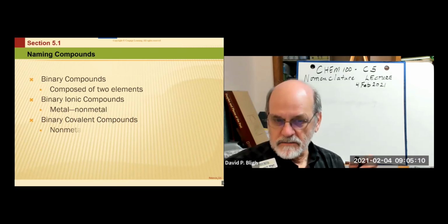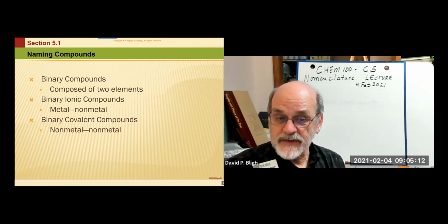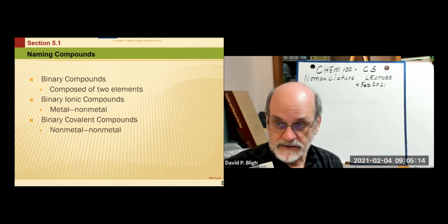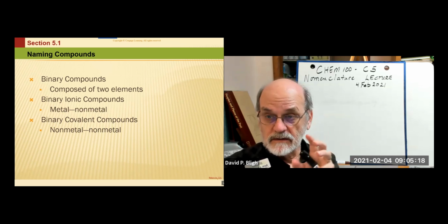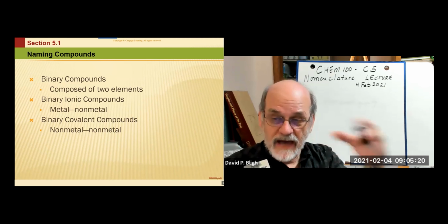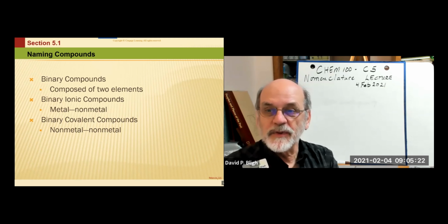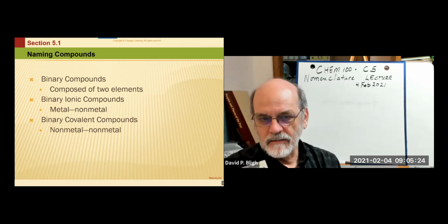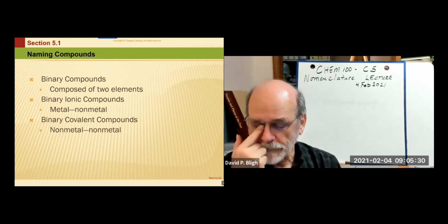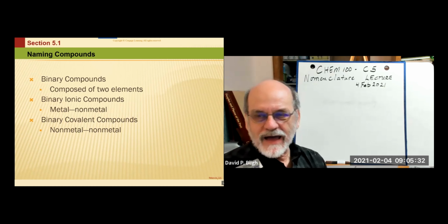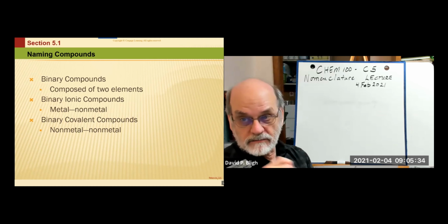But there are binary compounds that are non-metals and non-metals together. But we're going to use the convention that we developed for the ionic compounds to help us write covalent compounds. Now, the difference between ionic and covalent is pretty simple. When you have an ion, there's a complete charge.